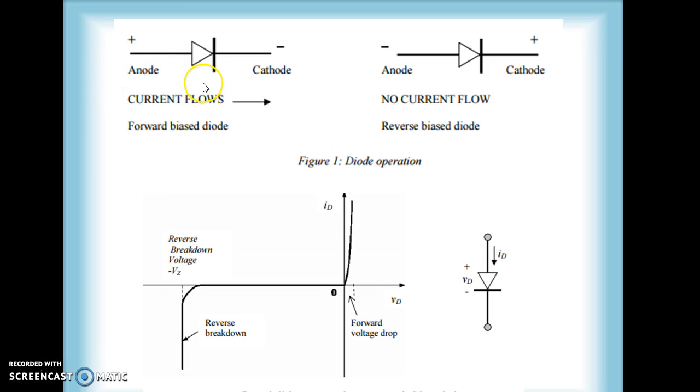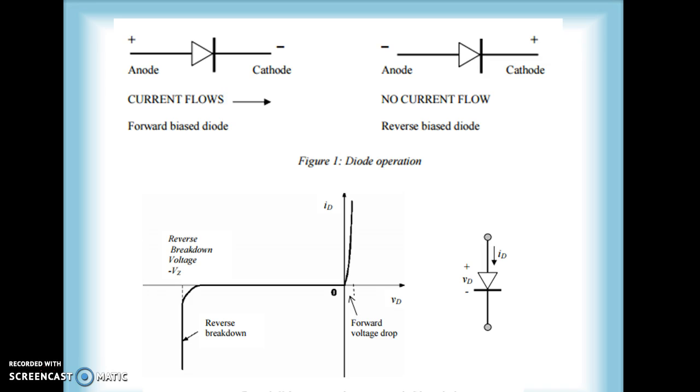Now consider another condition, where the diode's anode is connected to negative voltage and the cathode is connected to positive voltage, meaning the cathode is at higher potential than the anode. In such a condition, no current will flow through the diode, and this is called the reverse biased condition of the diode. In forward bias, the diode allows current to flow through it and acts like a short circuit.